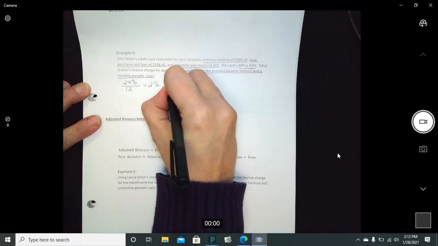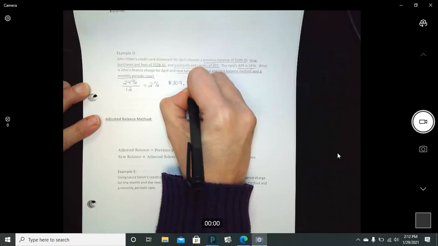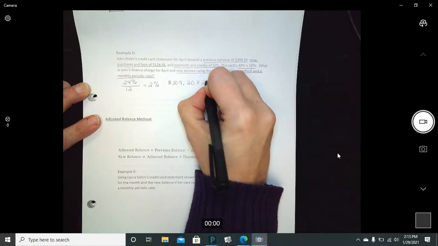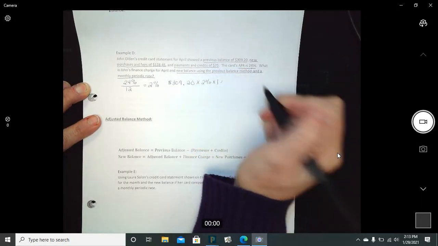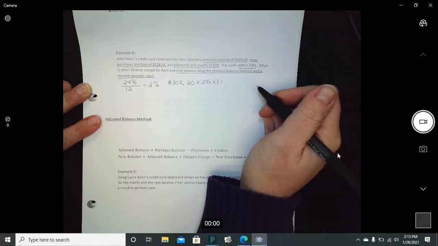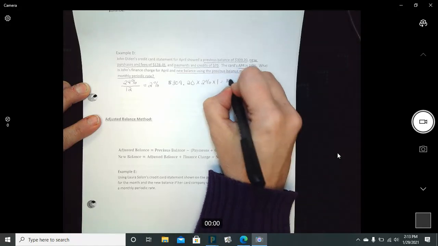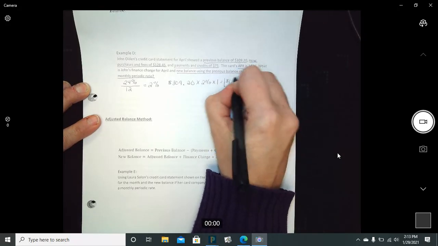Previous balance is $309.20. Multiply that by my 2% and multiply that by 1 because we're talking about the 1 month of just April. So our finance charge is going to be $6.18. That's my first part.